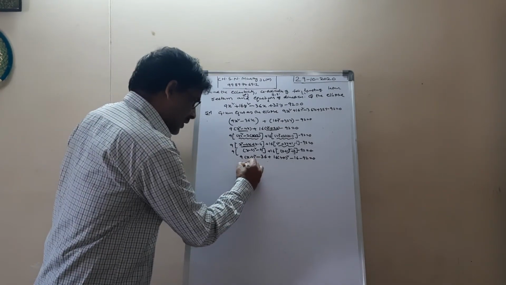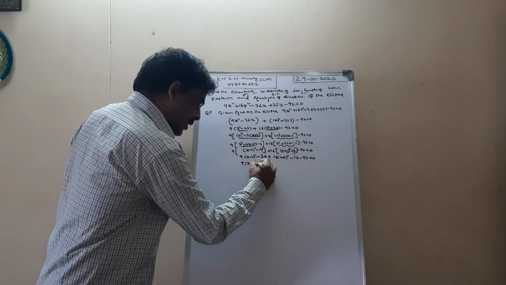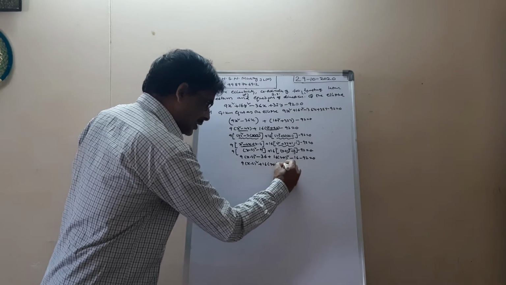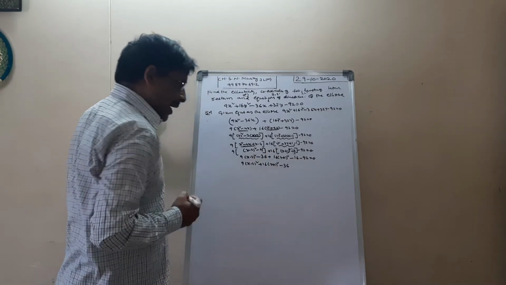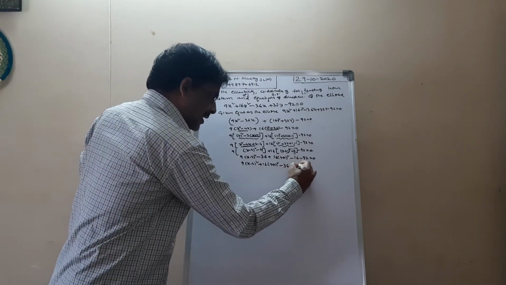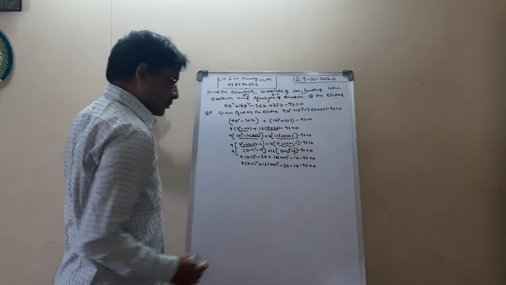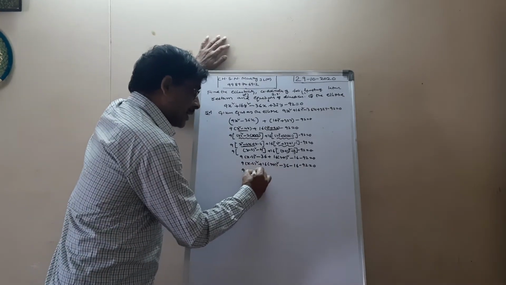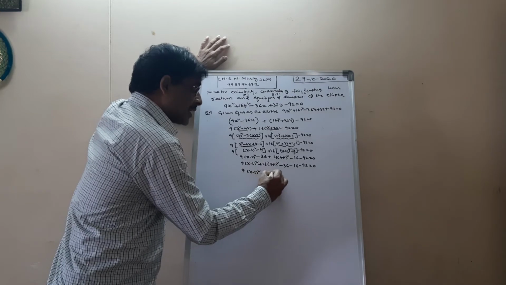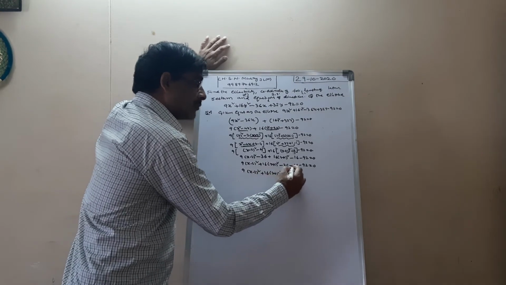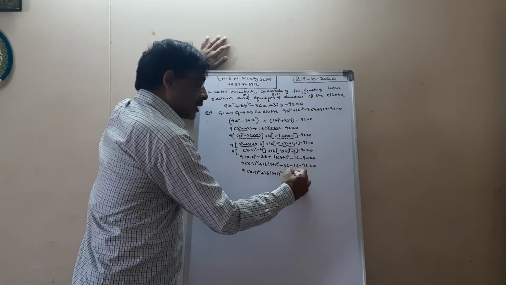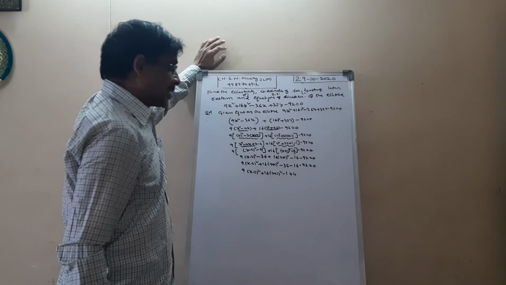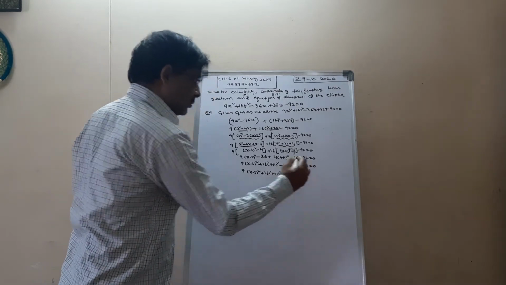Okay. 9 into x minus 2 whole square plus 16 into y plus 1 whole square. Here write all the constants: minus 36 minus 16 minus 92 equal to 0. Okay. Next, 9 into x minus 2 whole square plus 16 into y plus 1 whole square, adding 36, 16 and 92 gives 144, so minus 144 equal to 0.